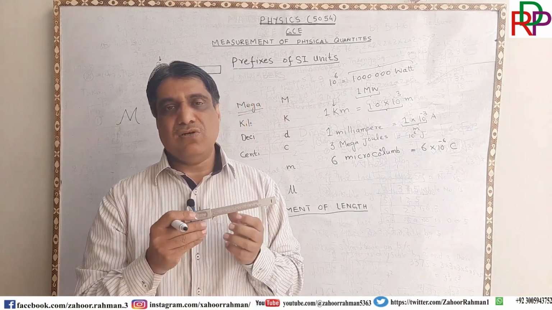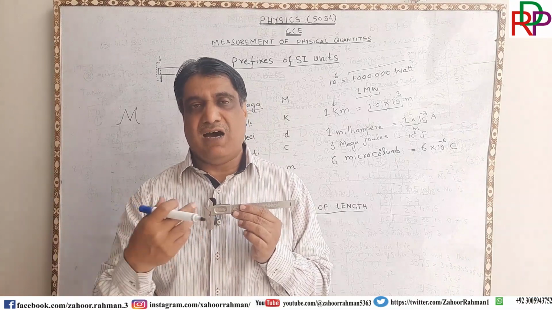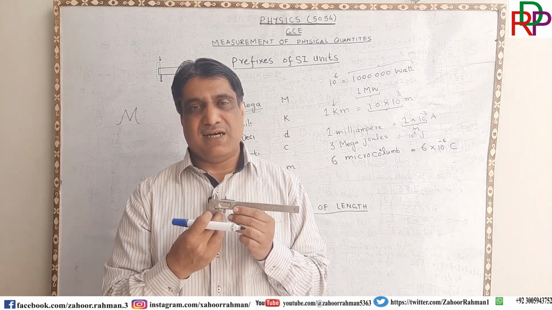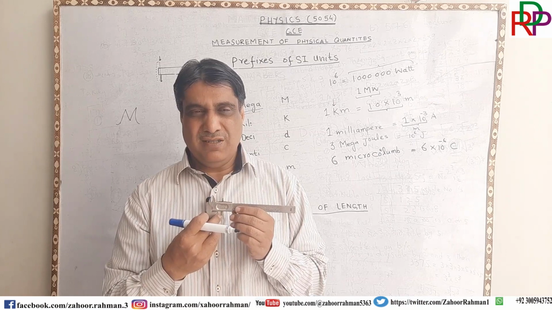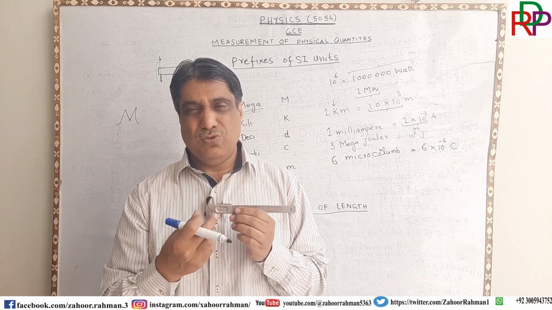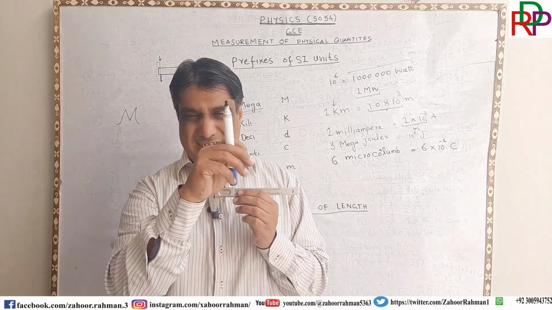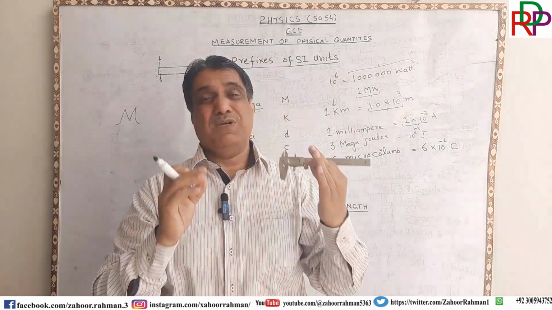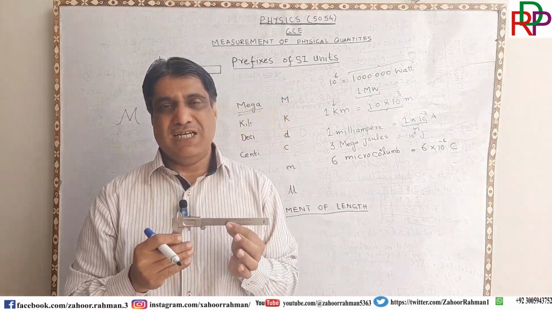If the zero of the vernier scale is to the left of the zero of the main scale, it is called negative zero error. You have to add this value to the final one, because the instrument has this error.